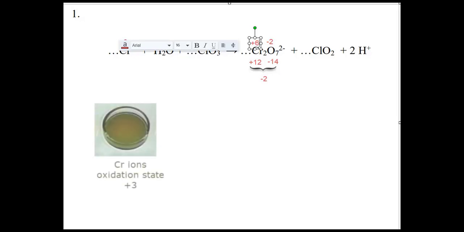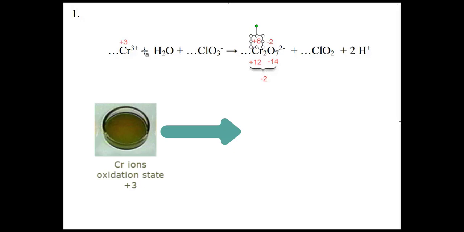This is going to look real nice. This is going to look pretty. +12, -14, -2. We've got 2 chromiums, and so each one, we traditionally put the individual oxidation number above the element, is going to be a +6. So the chromium's undergone quite a change. A single chromium has gone from a +3 to a +6.